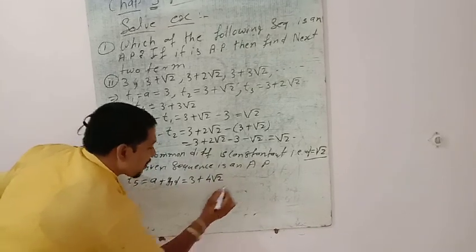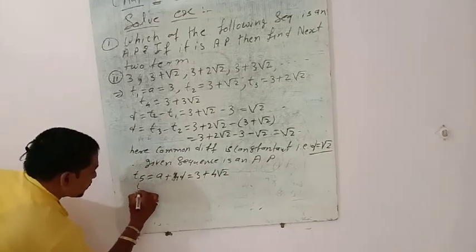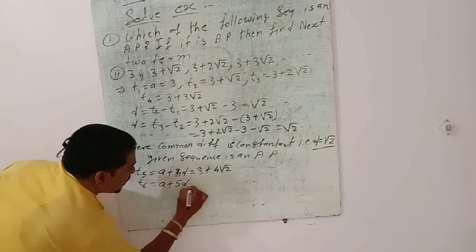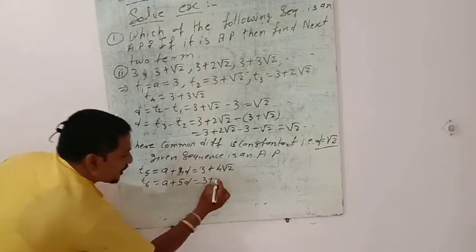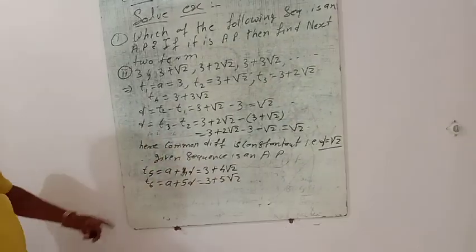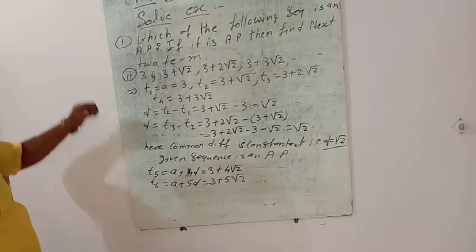This is the fifth term. Then the sixth term, T6, is equal to A plus 5D, which is 3 plus 5 under root 2.